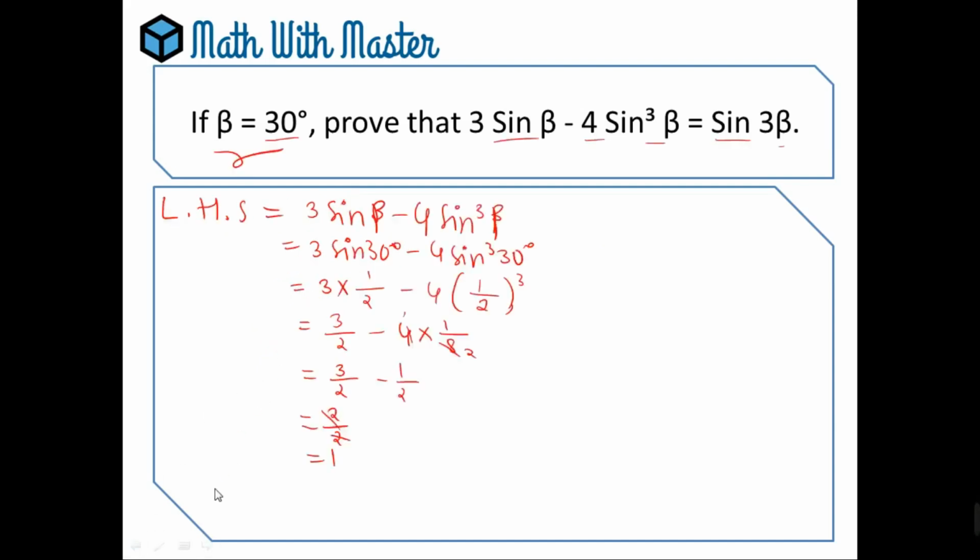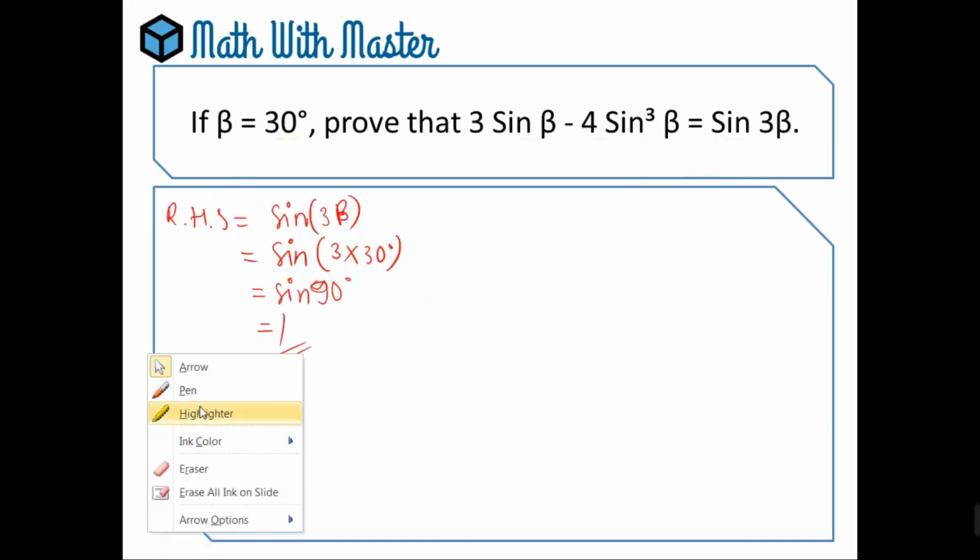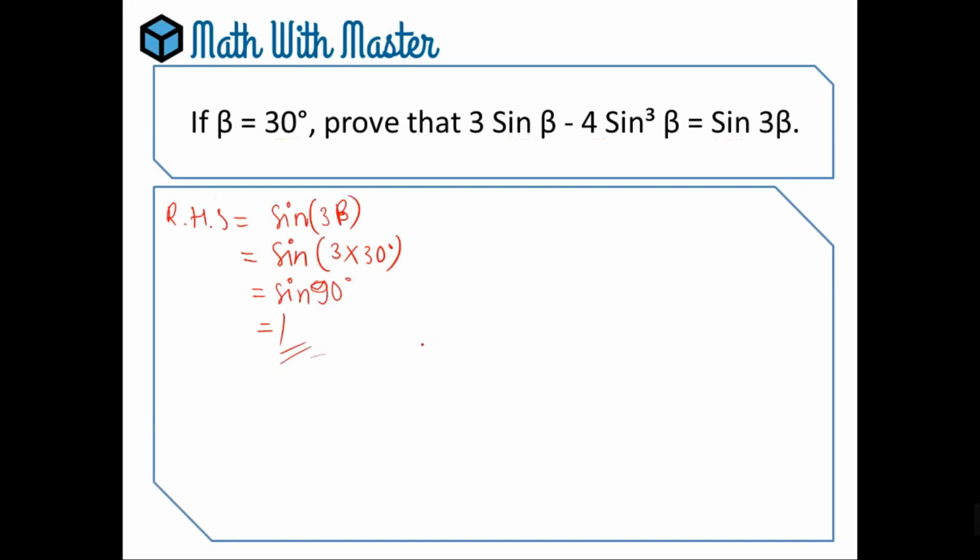Here it is 1 and here also it is 1. So 1 is equal to 1. Then we have proved that LHS and RHS are equal. Hence we have proved this statement.